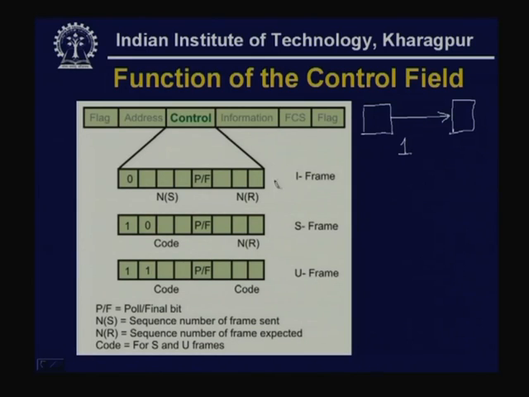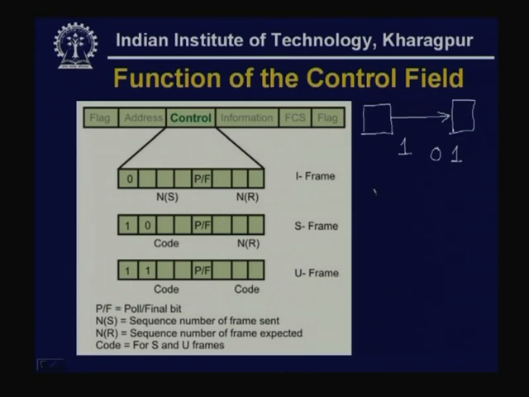On the other hand, whenever it is coming from the secondary to the primary, if it is 0, then it is the data coming from the secondary to the primary. Whenever it is 1, that signifies it is the final frame that is coming. So, in this way a sequence of frames can come from the secondary to the primary. So, polling is performed with the help of these bits, and the secondary can signify with the help of this code the different types of information that is being provided as part of that NR.